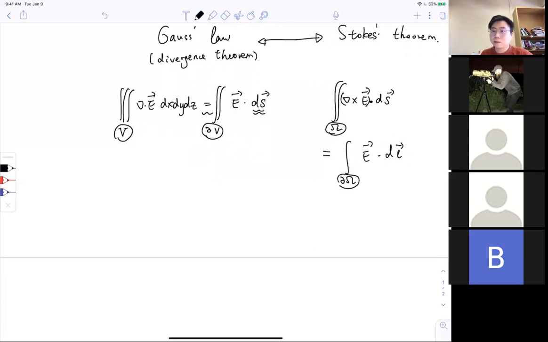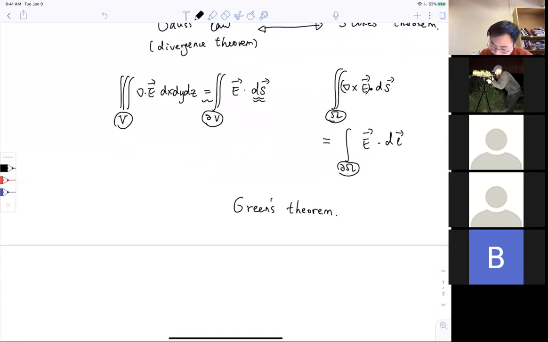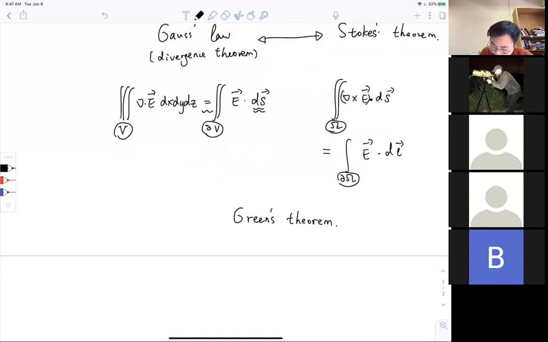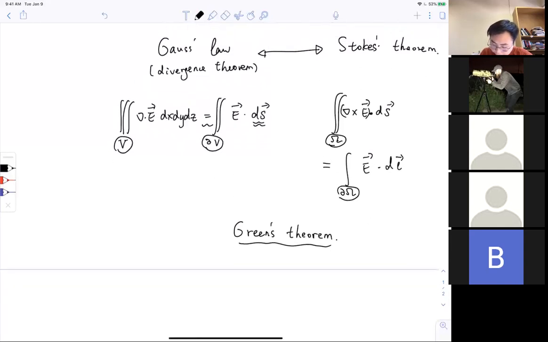So there's another theorem called Green's theorem. We didn't talk about it last time, but I think it's good to know. This Green's theorem is just a special case of those two theorems. You can derive it from the Stokes theorem, and it's just a 2D version of Stokes theorem.